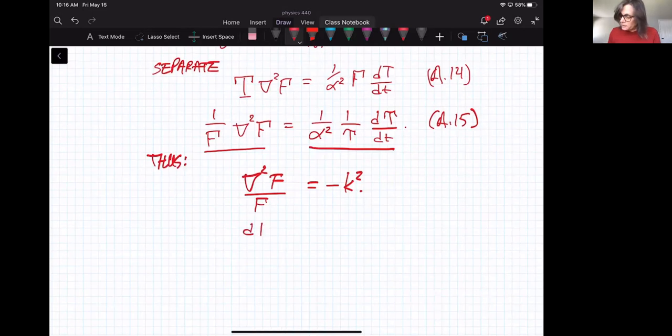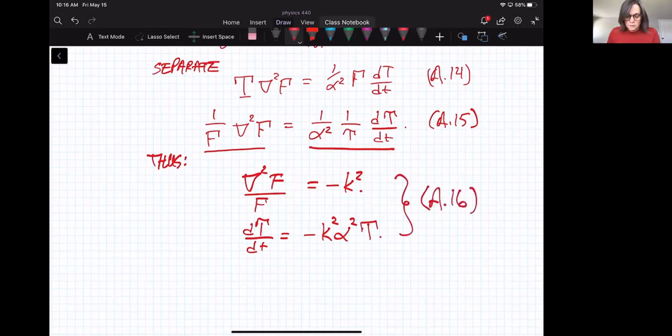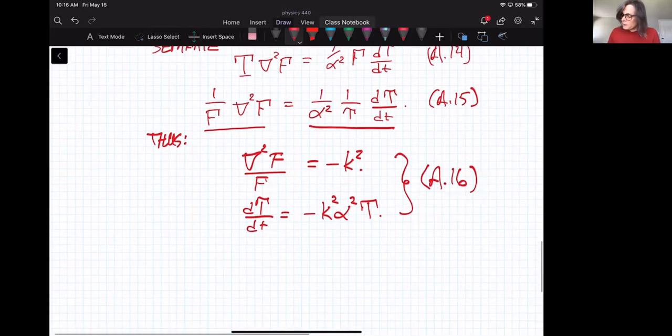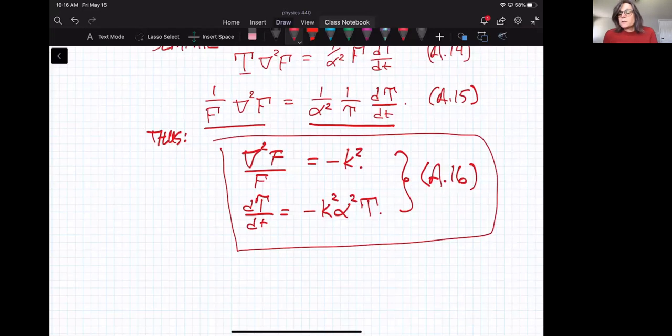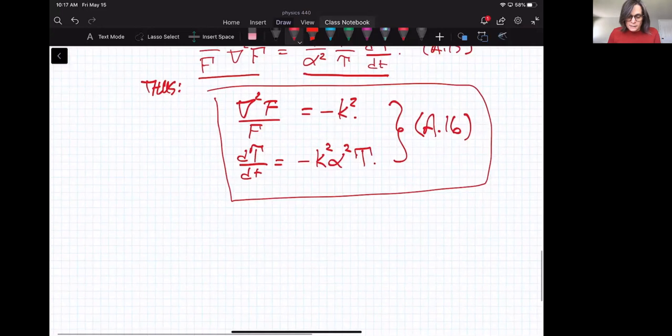And dT dt is equal to minus k squared alpha squared T. Okay. So this represents what we need to do in order to solve for basically thermal equilibrium, right? In a very, very simplified sense.